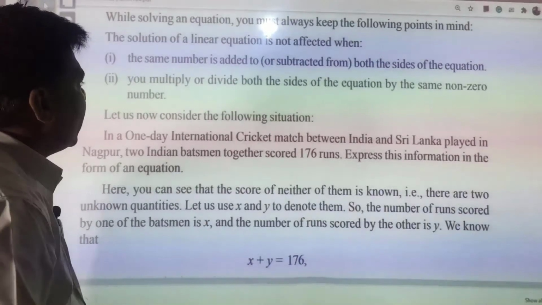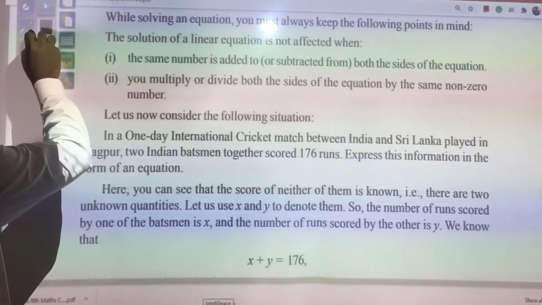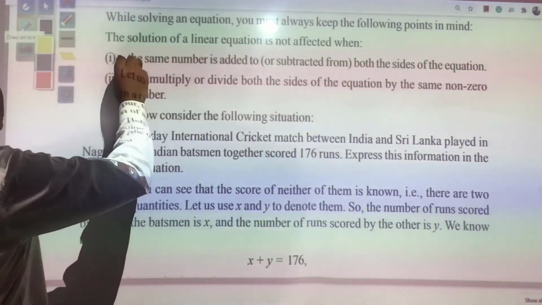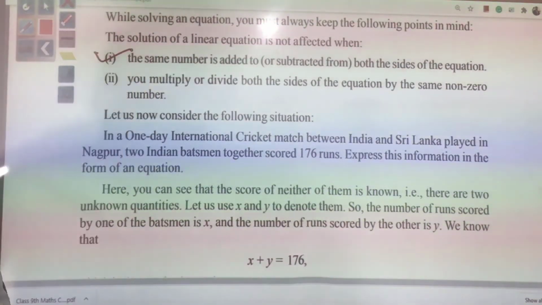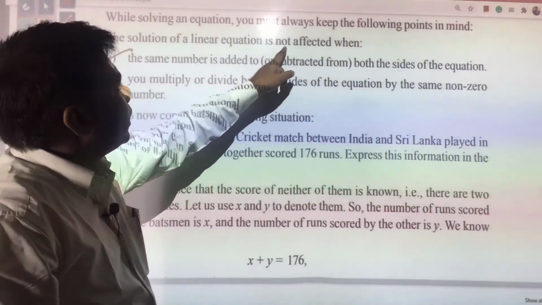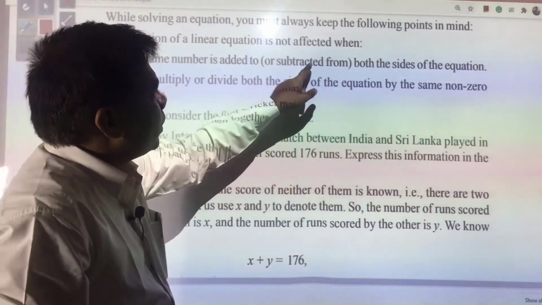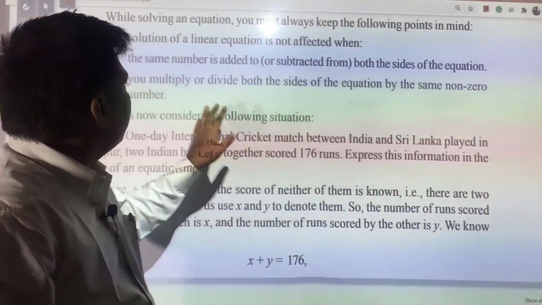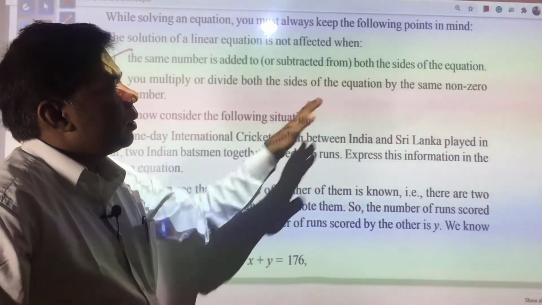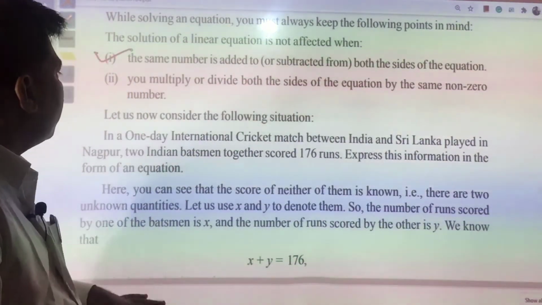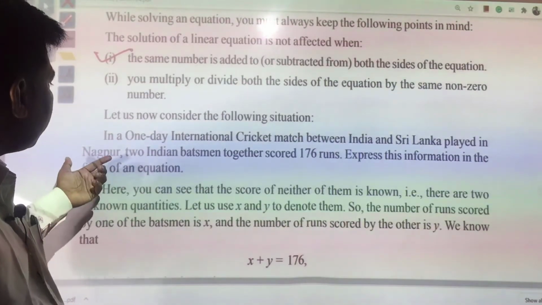The value of x, or the value of the variable, will not change. So, these two things you need to remember. First is what? The solution of a linear equation is not affected when the same number is added or subtracted from both the sides of the equation, and when you multiply or divide both the sides of the equation by the same non-zero number.